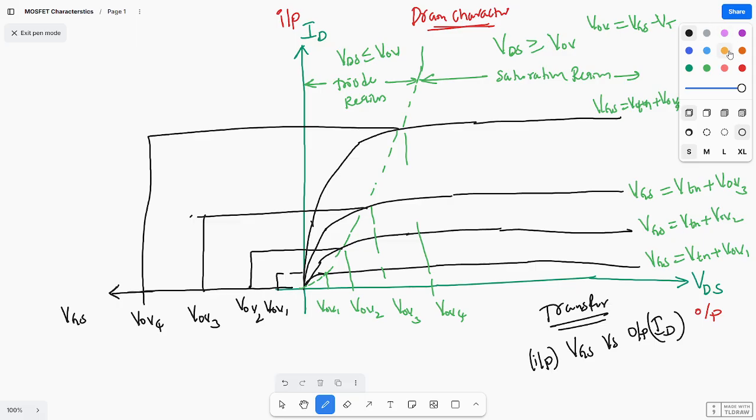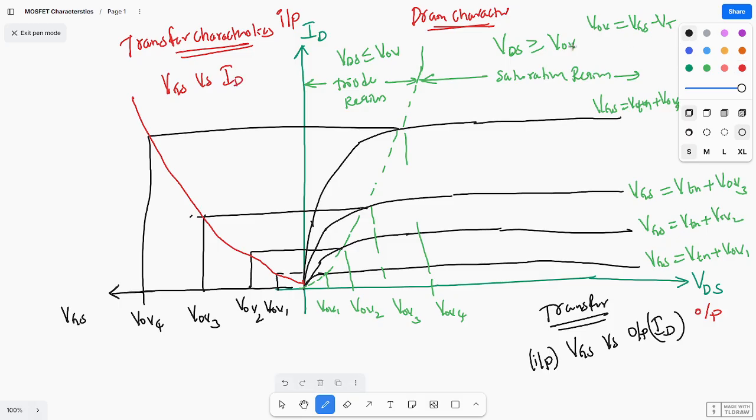So by connecting these points, this is what we call the transfer characteristics. So transfer characteristics is nothing but what? We are plotting the input voltage VGS versus ID.